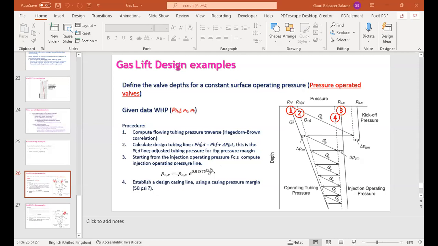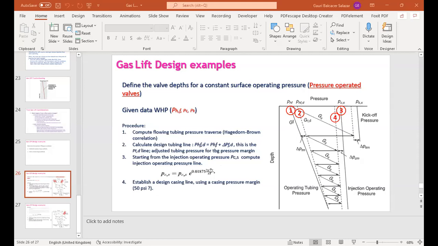Again, the idea is to find the maximum expected oil rate from the well, in case we have an unlimited amount of gas or we have only 1 million standard cubic feet per day available.